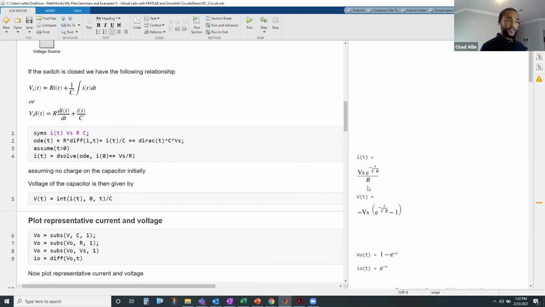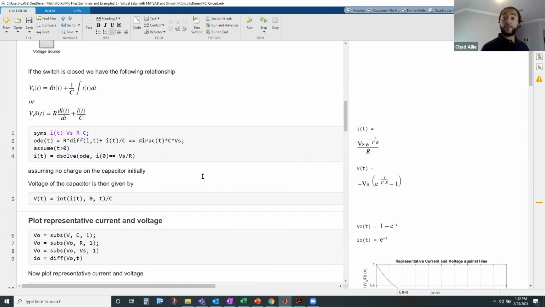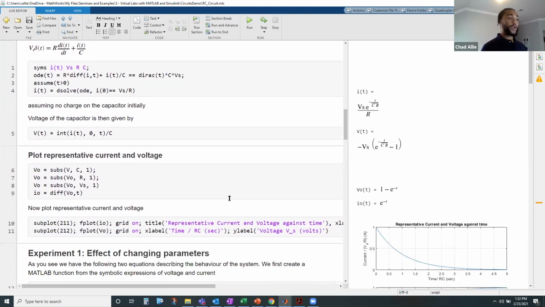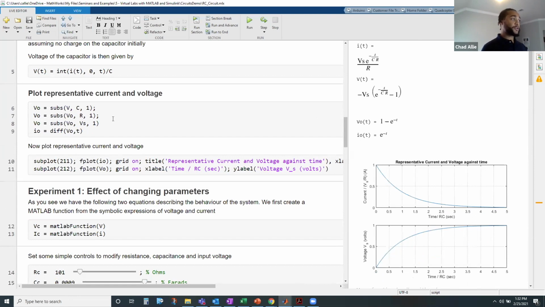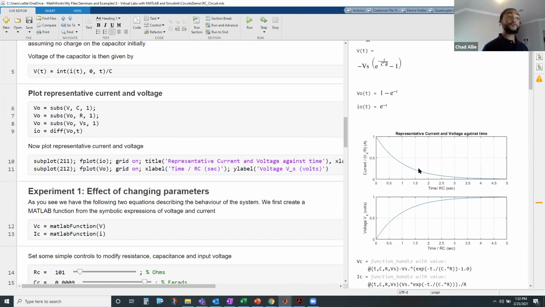So after you've derived some equations of, let's say, current and voltage, because those are typical parameters that we want to look at when we're focusing on a circuit, we can add in some initial conditions to make things simple, so that we can actually plot that information or visualize that information rather, and get a general idea of what's happening.